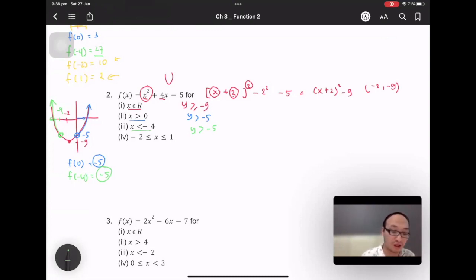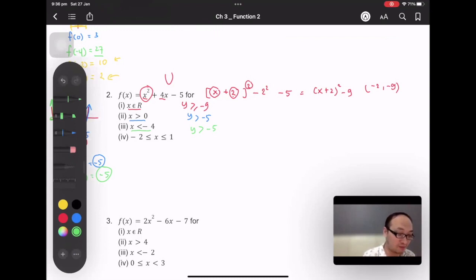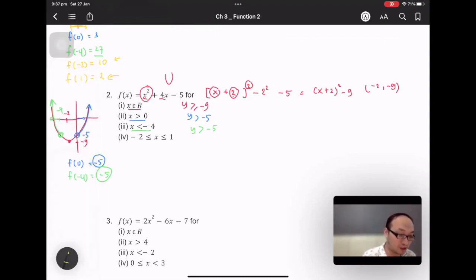And then the last one, negative 2 to 1. So f(negative 2) and f(1). f(negative 2) is negative 9, and f(1) is 0.